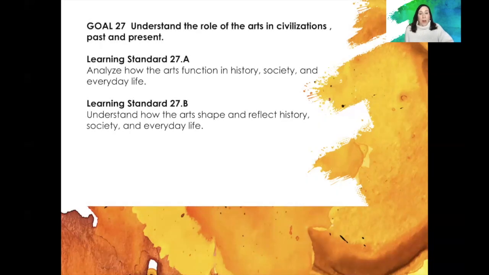Understand the role of the arts in civilizations past and present, analyzing how the arts function in history, society, and everyday life, and understanding how the arts shape and reflect history, society, and everyday life. Again, this seems like a lot for preschoolers to do, but you can actually do it.